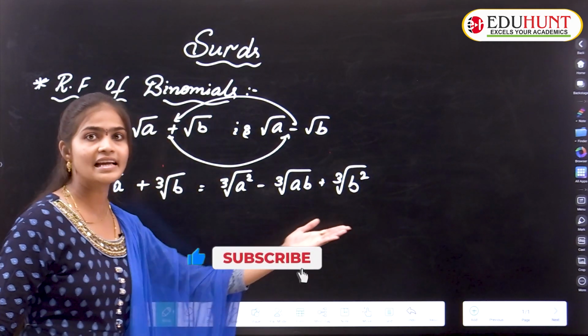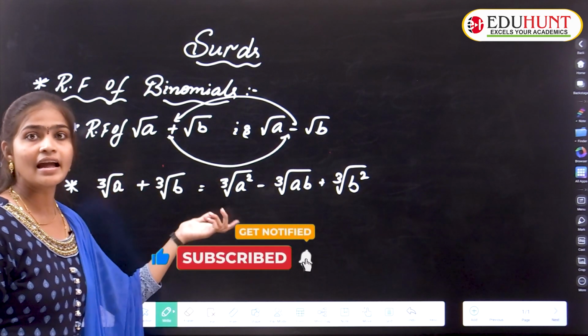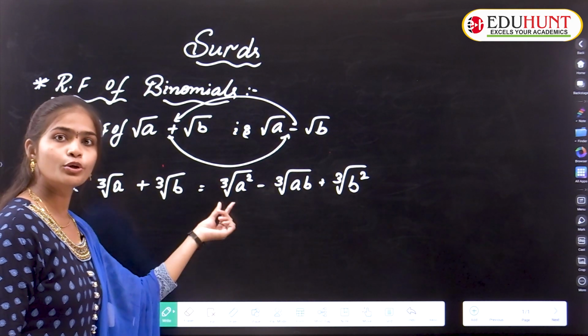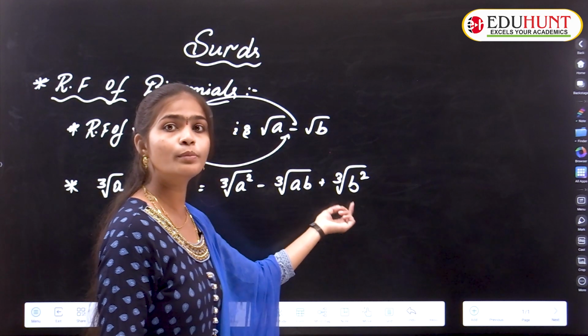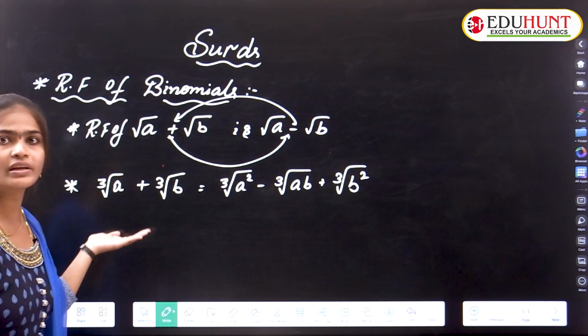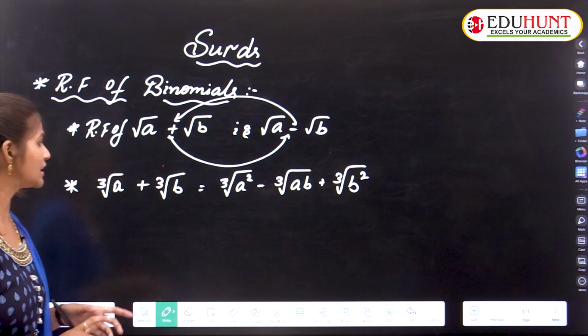So this is the rationalizing factor of cube root of a plus cube root of b. And in the same way, what is the rationalizing factor of cube root of a square minus cube root of ab plus cube root of b square? Its rationalizing factor is cube root of a plus cube root of b. Okay, here also we take vice versa.